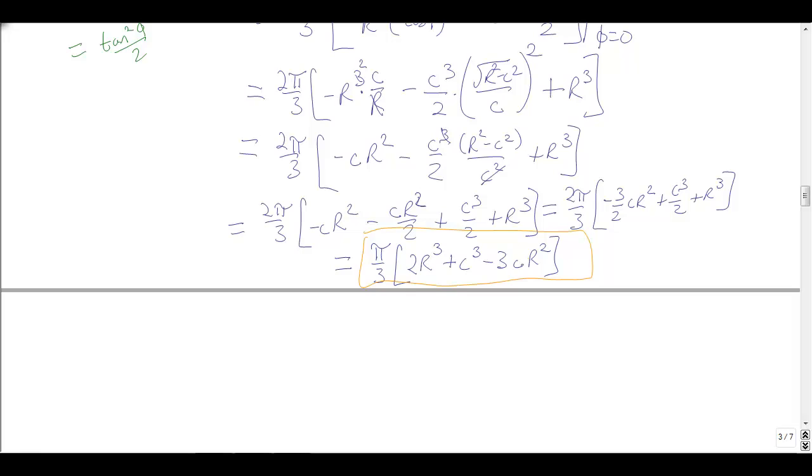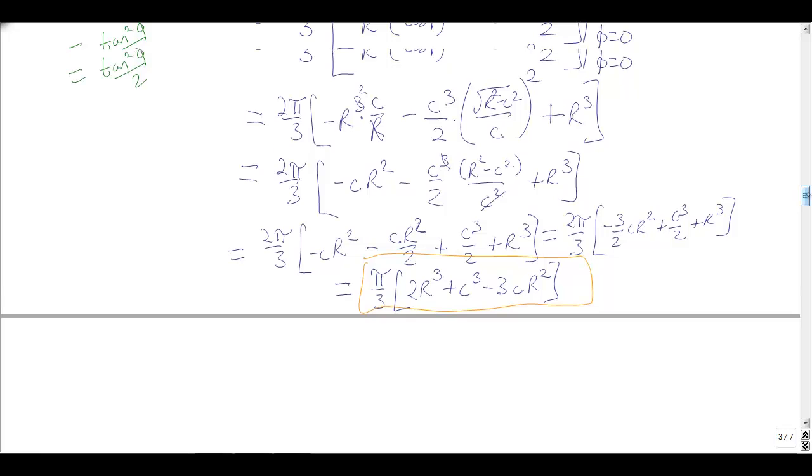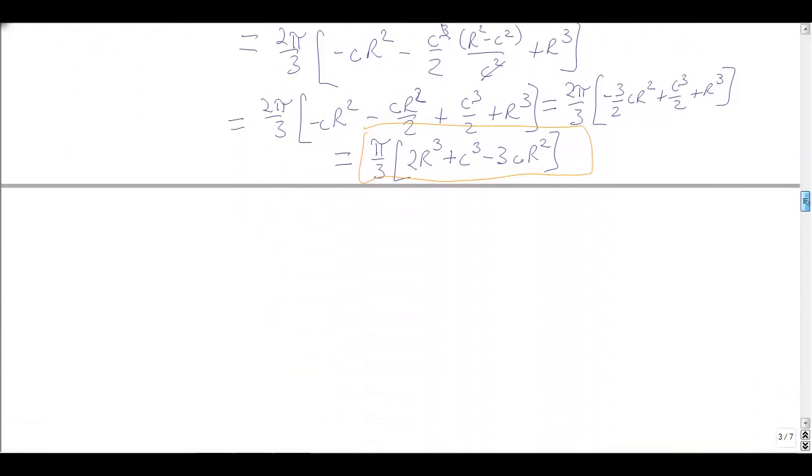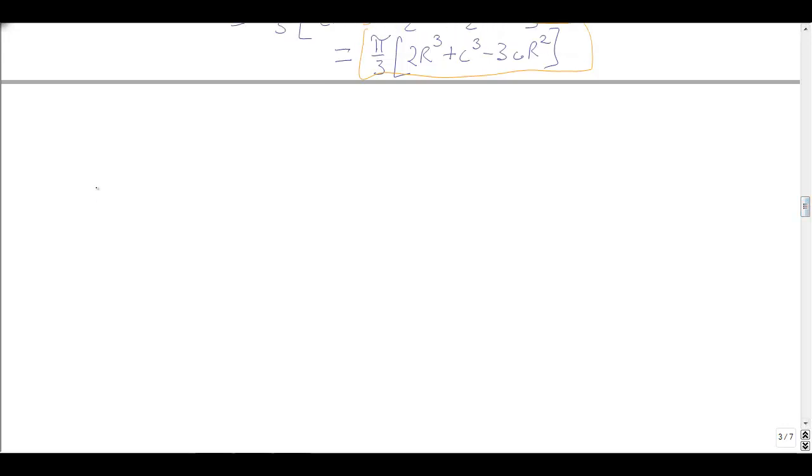Okay, so that was spherical coordinates. Let's try this integral in cylindrical coordinates as well. Let's go back and maybe draw the picture again. What we've got is a circle, really radius capital R, and then there's some sort of plane z equals c.